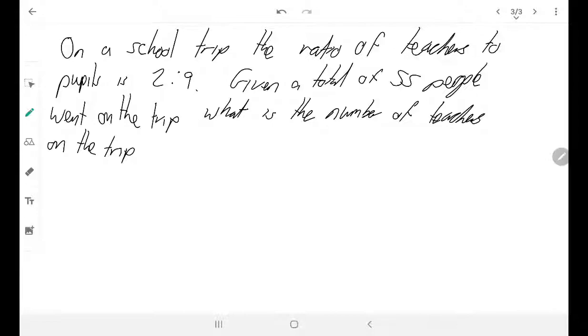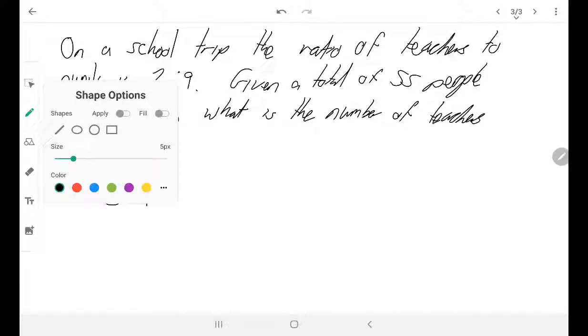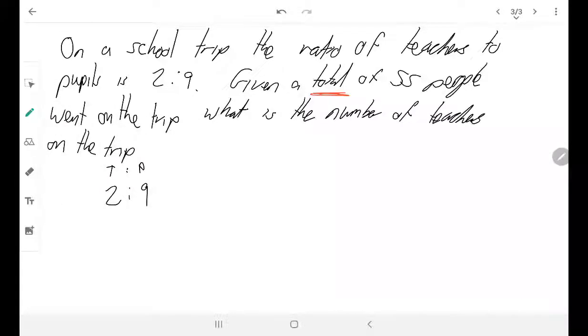Well, I'm going to write down the ratio again, 2 to 9, and this is teachers to students or pupils, and let's make that a P, and we look at the question again. Now what do we know? Well, we know that a total is 55 people.